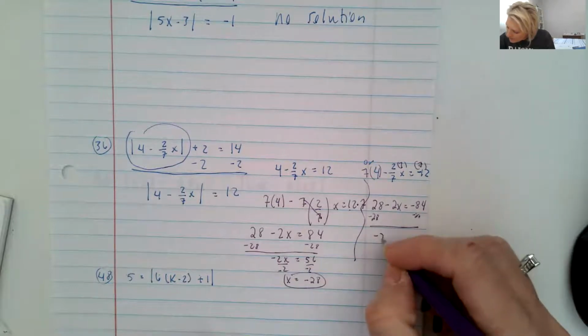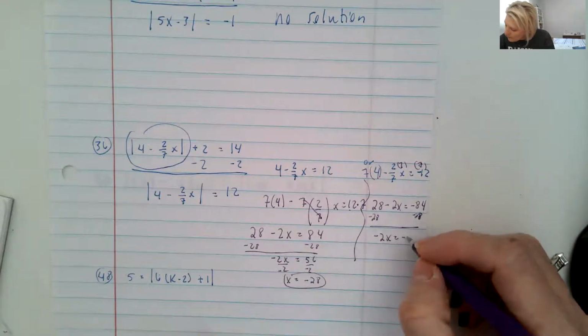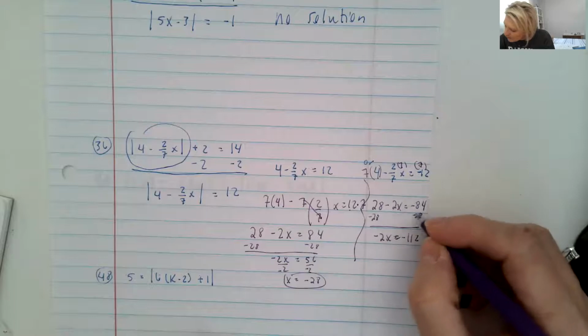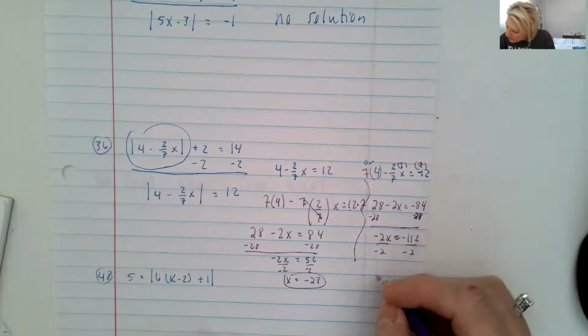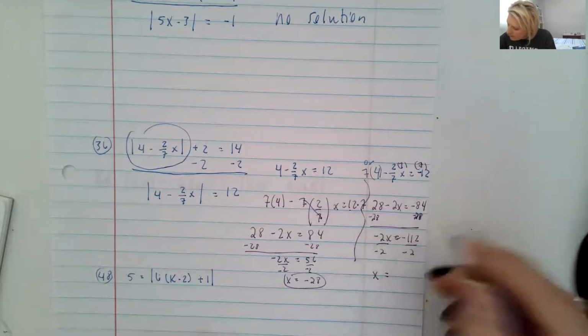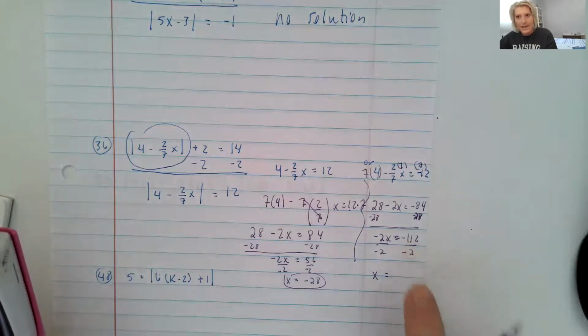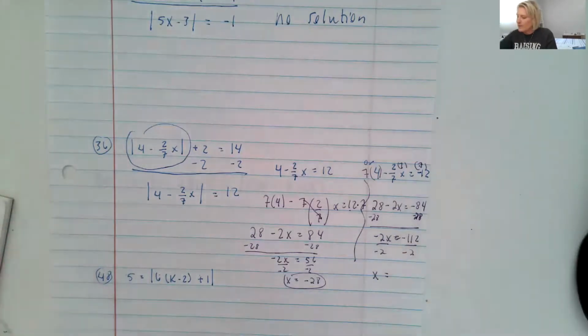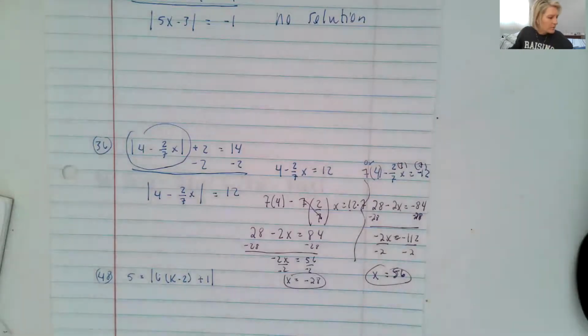And so this time we get a negative 2x equals a negative 84 minus 28, which is a negative 112, divided by a negative 2. I'm getting my words mixed up today. X equals 56 for 36.